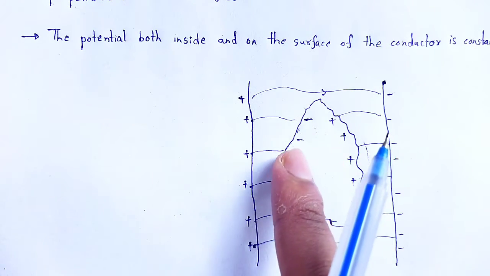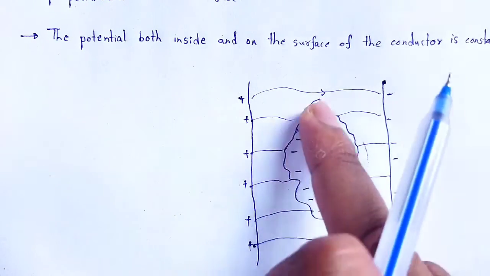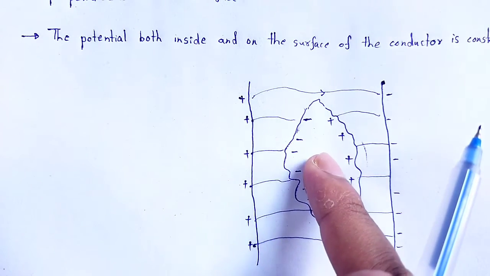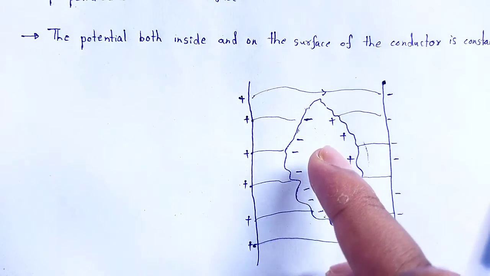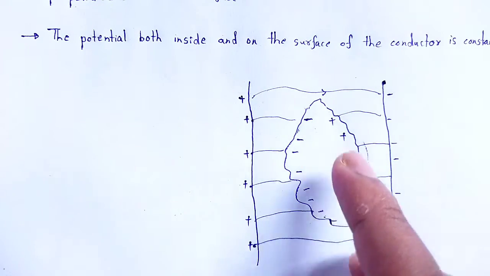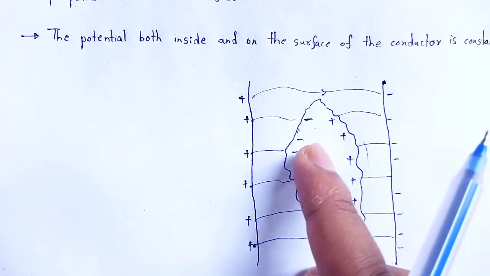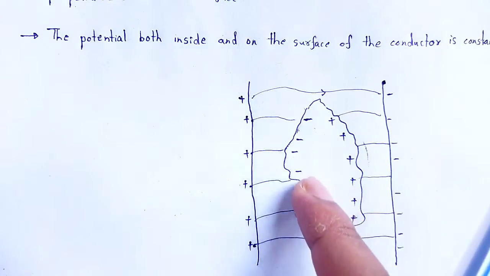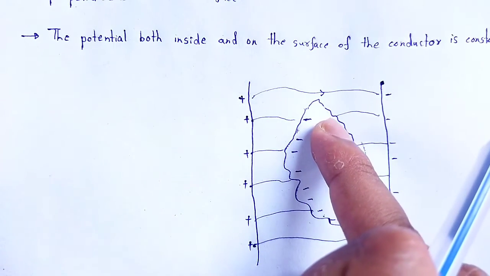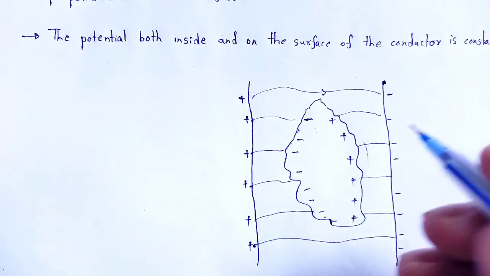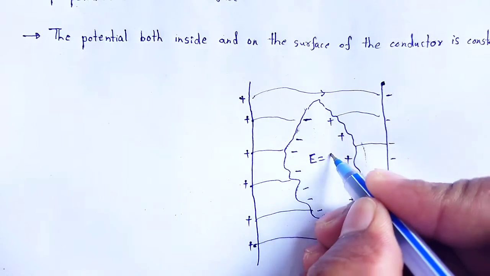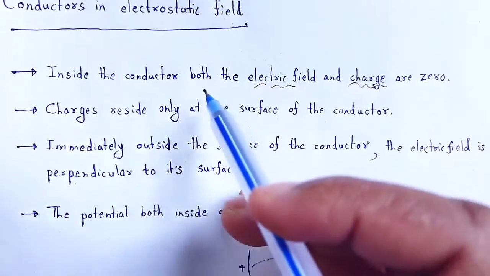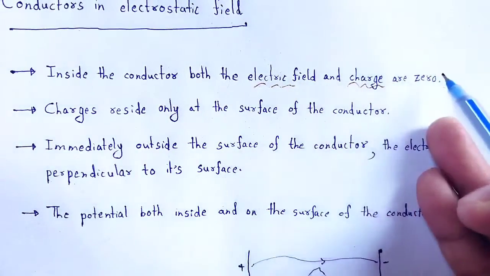The final distribution of charges at the surface of the conductor is such that the induced electric field, due to the appearance of induced charges on the surface, just cancels the applied electric field. Therefore, the net electric field inside the conductor is 0. As we said, inside the conductor the electric field will be 0.